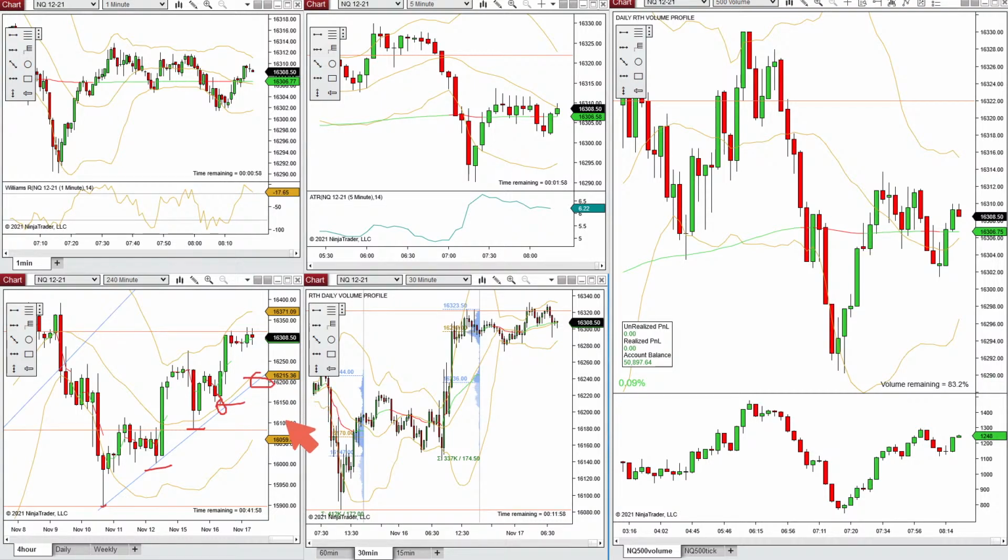I don't think so, but you never know. I'm not going to rule it out, but if price did come down there, it would be 16,050 maybe by the time it got down there. 16,250 might be interesting. But that area down there for a bounce and then a move back up would be, I think, a good opportunity for anyone out there looking to maybe swing trade micros or something.